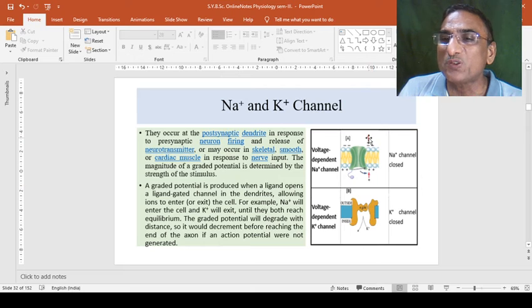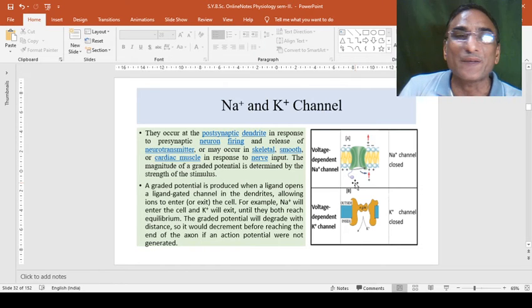So from inside to outside and from outside to inside, this movement of ions is ligand gated. They occur at the postsynaptic dendrite in response to presynaptic neuron firing.